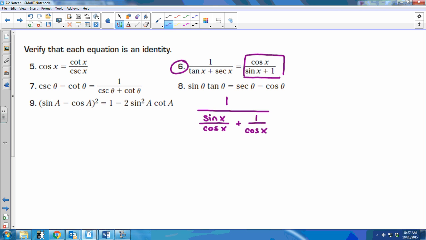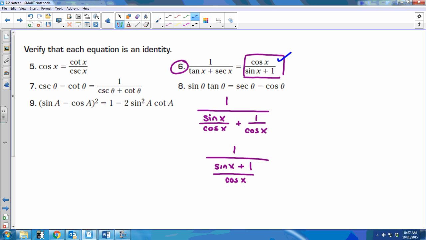So then just in the denominator, I have two fractions I can add together because they already have a common denominator. So I have sine x plus 1 over cosine. That's looking very close to what we have on the right-hand side.